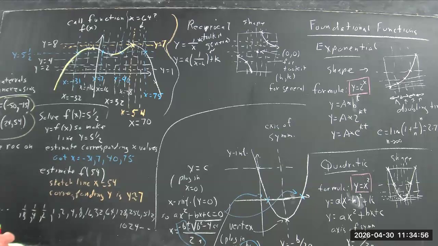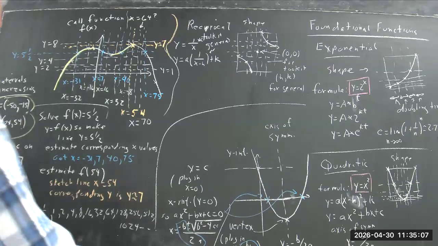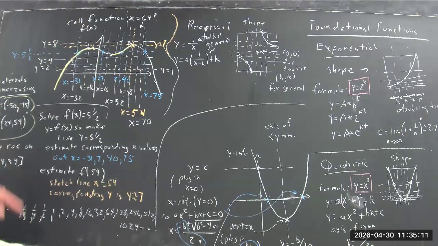What's the average rate of change on the interval? And I use a closed interval from 24 to 54. Now, it's really the average rate of change of y with respect to x, and that's the way it'll be stated if it appears in the final. Okay.